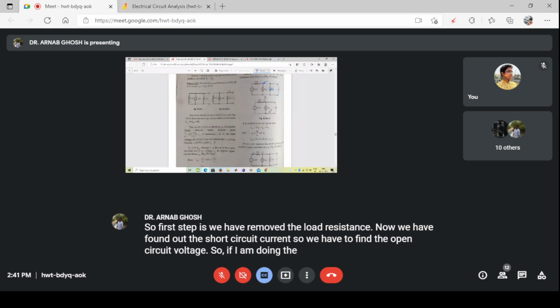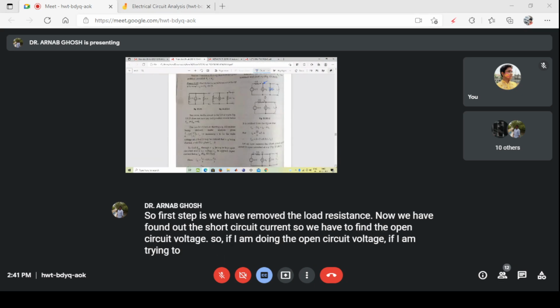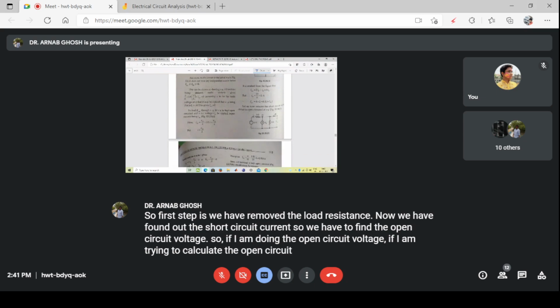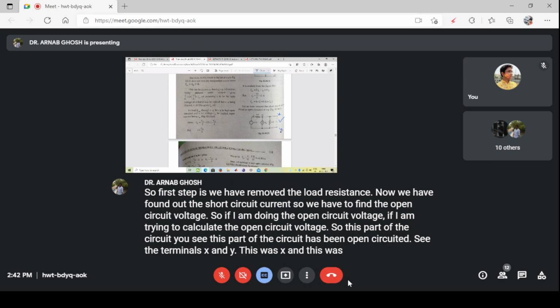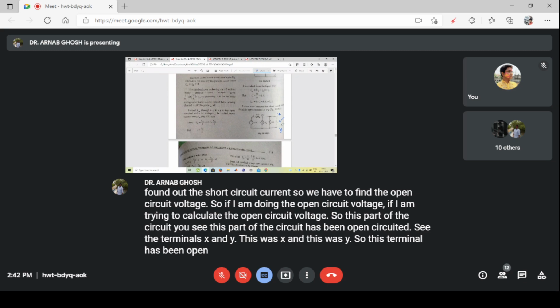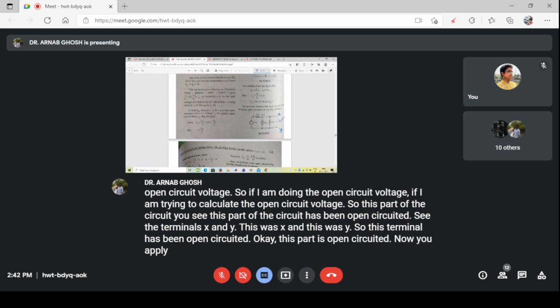If I am trying to calculate the open circuit voltage, this part of the circuit, you see, terminals X and Y have been open circuited. Now you apply nodal analysis at node 1 again.